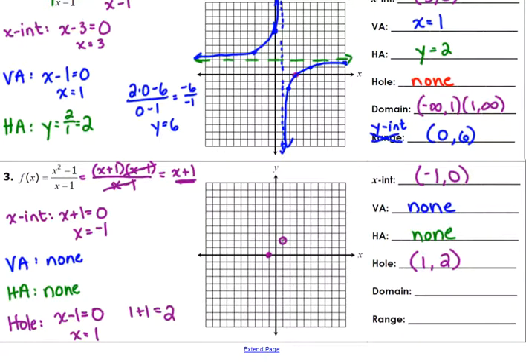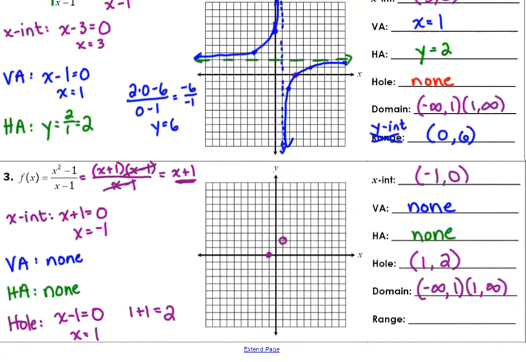Okay. For our domain, we didn't have a vertical asymptote messing this up, but we do have a hole. Okay. X cannot equal 1. Our x value cannot equal 1. It causes us to be undefined. So there's our domain. Same as the domain of the previous function, if you notice, but we've got a different issue going on here.